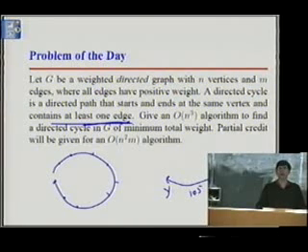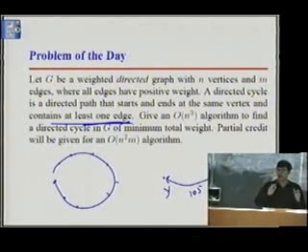What is the length of that cycle? We find out the length of the shortest cycle in the graph that includes the edge x to y. There's a particular edge xy, right? What is the shortest cycle in the graph that contains that edge?